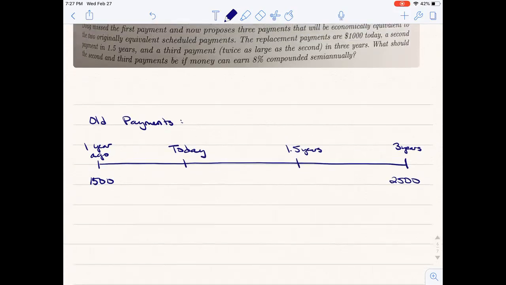So I'm going to say that here. Use, oh, you know what? Use 1.5 years as the focal date. You'll see why I picked that in just a second. So now what we're saying is that, okay, here's our focal date.